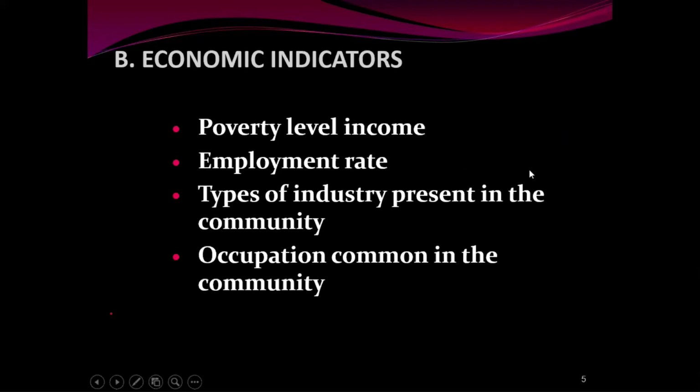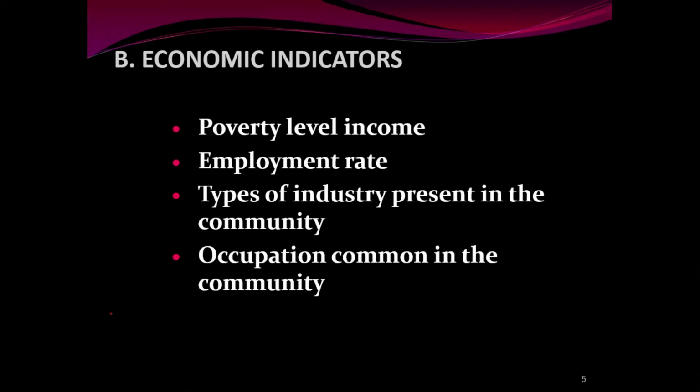Poverty levels. Certainly, the government can find out the population below the poverty level, and then they can give special attention to that population. They can provide subsidies and special interventions to improve the quality of life of the below-poverty-level population.